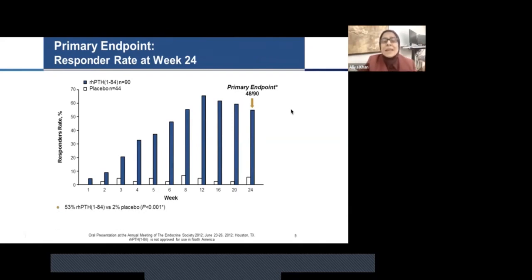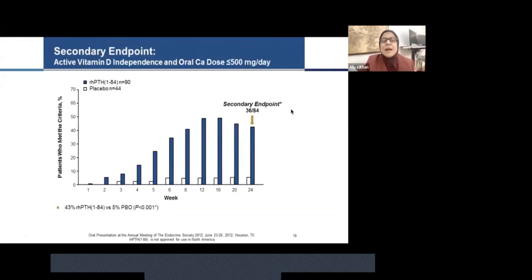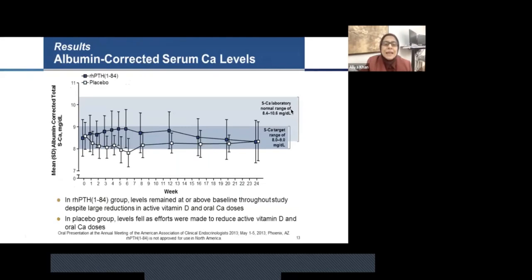So clearly this medication is able to help our patients come off calcium and active vitamin D. And we can see how many people were able to stop vitamin D and have a calcium dose that was less than or equal to 500 milligrams a day. And 43% of people were able to do that, totally stop their active vitamin D. And here you can see that there's the PTH group and there's the placebo group.